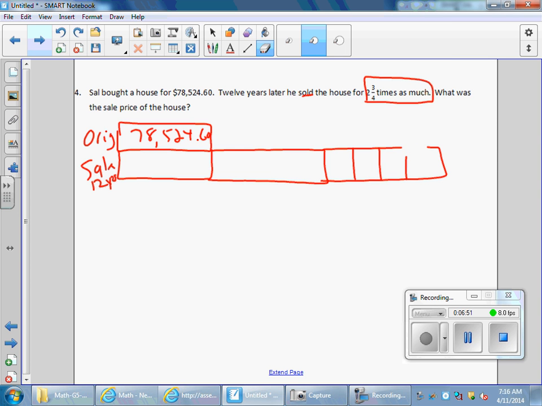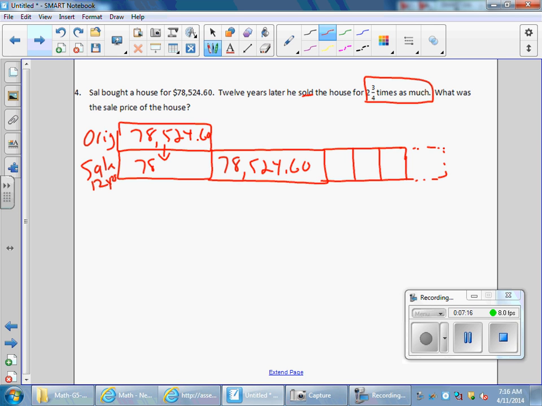But we're only selling it for 2 3/4. So it's going to be that, and then that again. And then 3/4 of $78,524.60. Now, how would I do that in a shorter way?